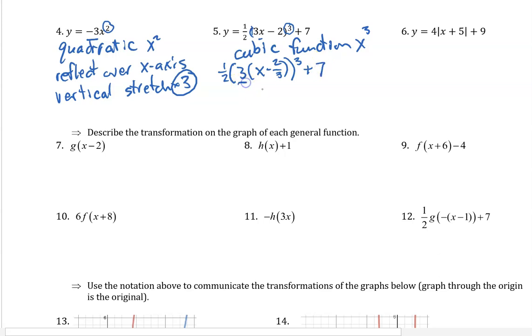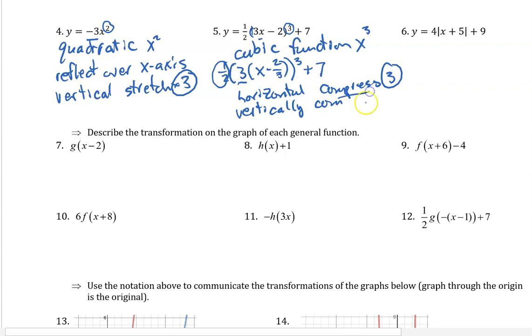So b, 3, greater than 1. So it's horizontally compressed by a factor of 3. a, 1/2. It is vertically compressed.